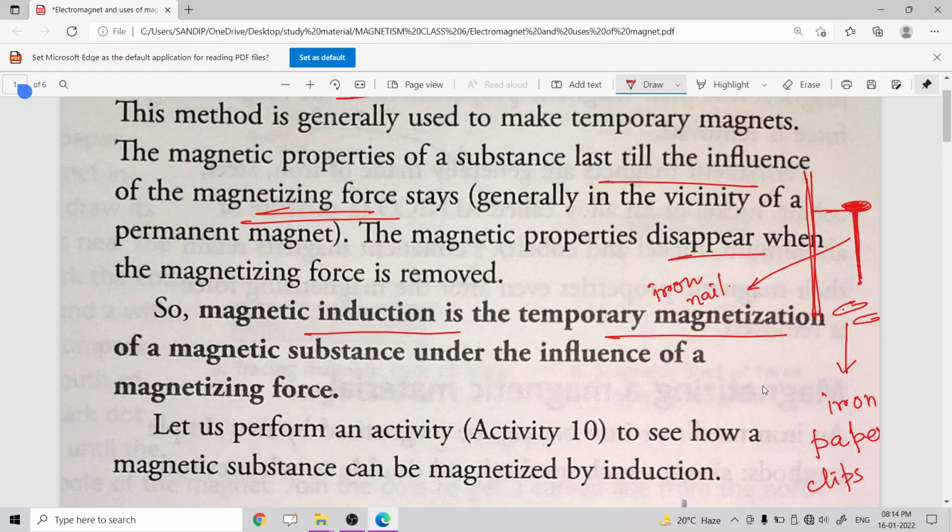If we place some iron paper clips just below the iron nail, at first we see there is no attraction force between the iron nail and the iron paper clips.